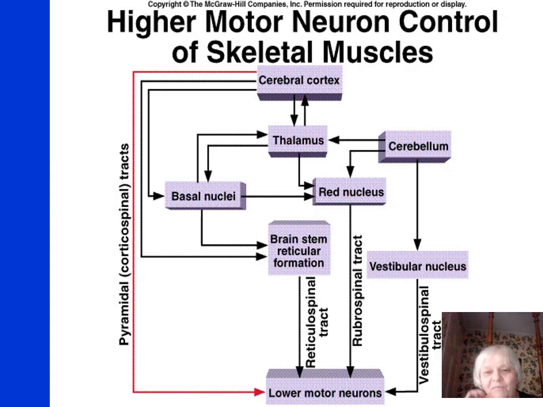And this one again is going to exert control of your muscle movements. There's another one coming from the cerebral cortex to the basal nuclei, which again is going to control your fine control of your muscle movements.